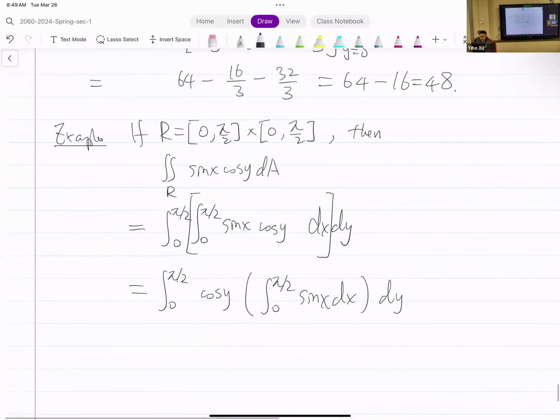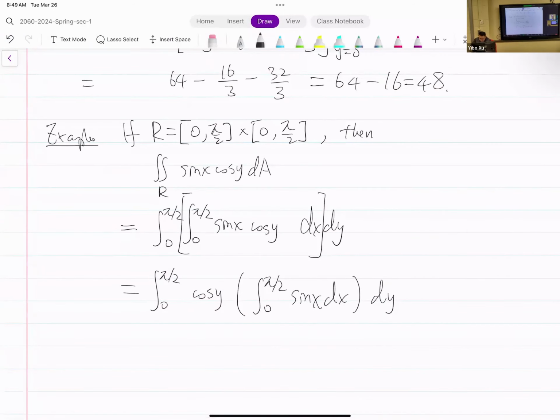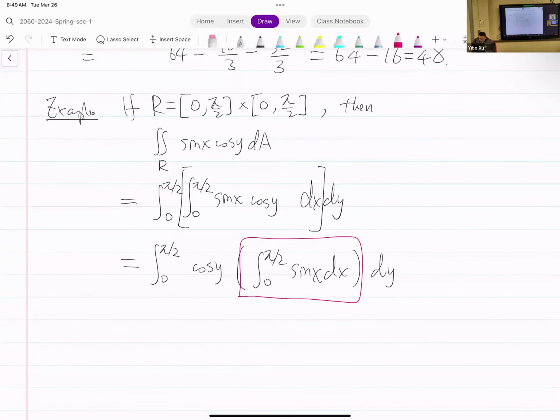What's good about this step? That's straightforward: the cosine doesn't do anything in the integral, so we can take it out. But now we can do the same trick, because the integral in terms of x only is a constant number if you calculate the definite integral. So we can take it out of the integral in terms of y as well.